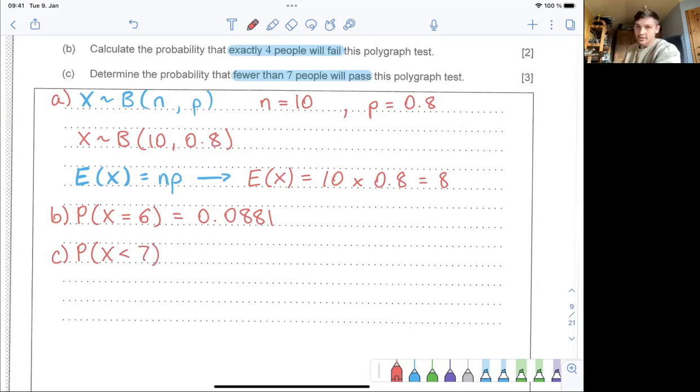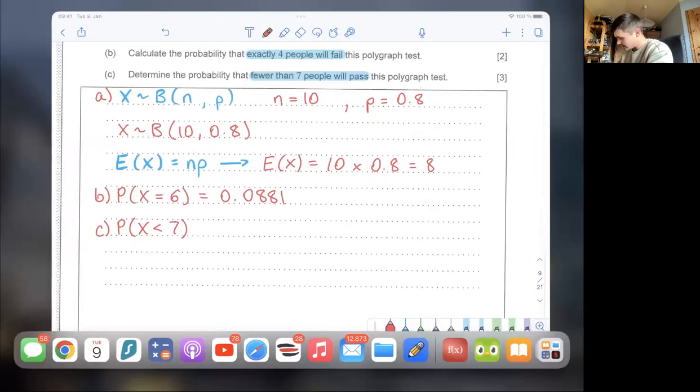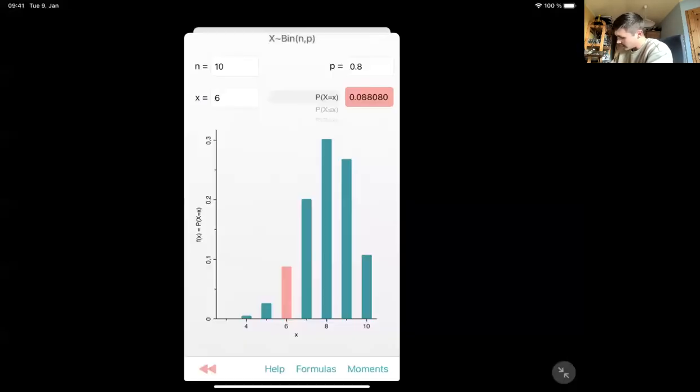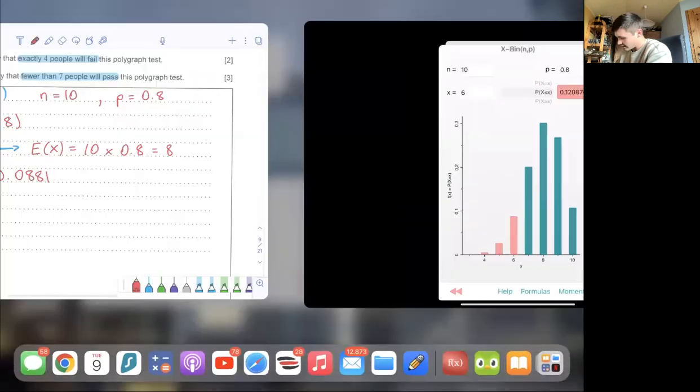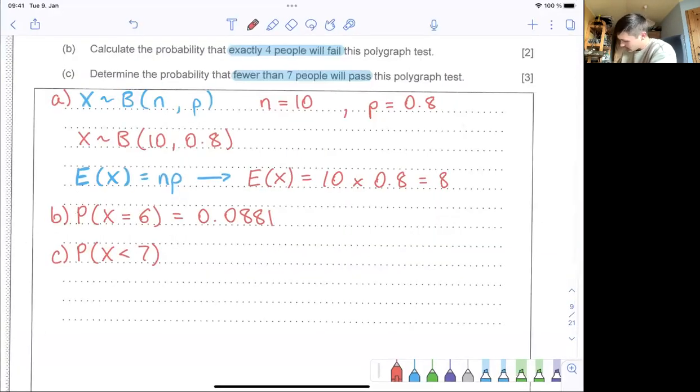You'll notice that on my calculator, when I go less than, I have to add in the equal sign here. Because we've got discrete data, one person counts for one person, we can't have half a person. This probability is going to be the same as X being less than or equal to 6.